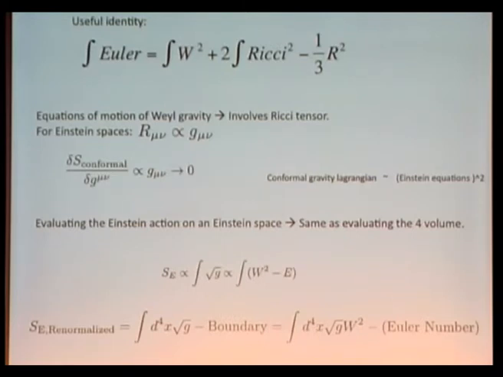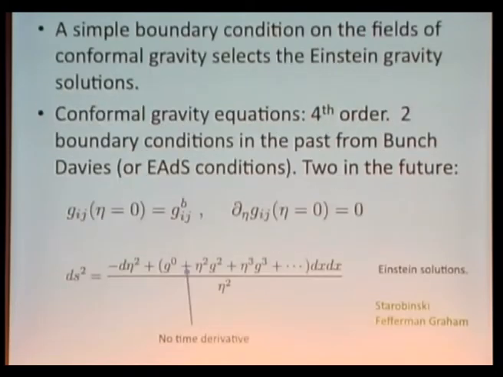So we can set the boundary conditions at eta equal to 0, and then we'll get a well-defined and finite expression. And there is a simple boundary condition that selects those solutions of Einstein gravity, at least for small fluctuations around anti-de Sitter space.